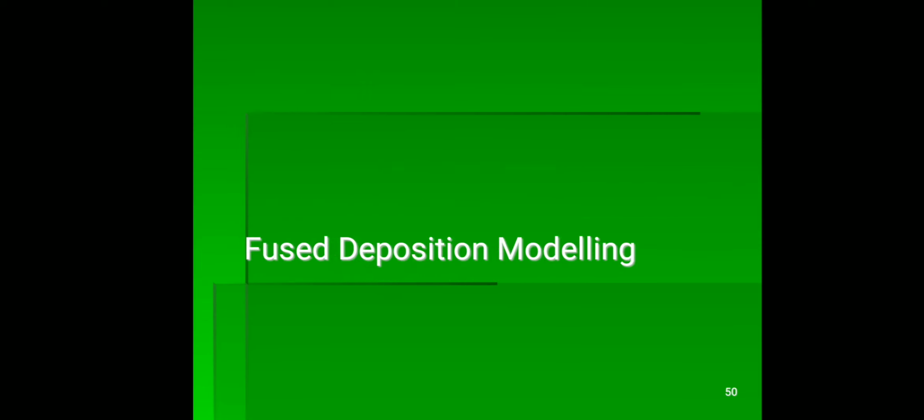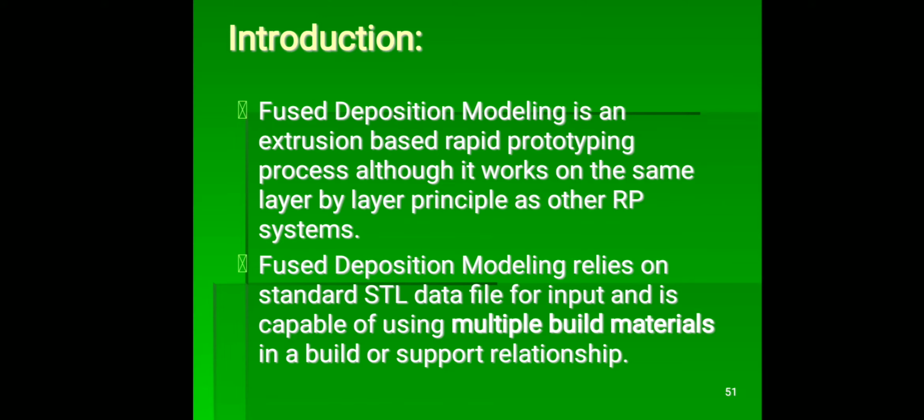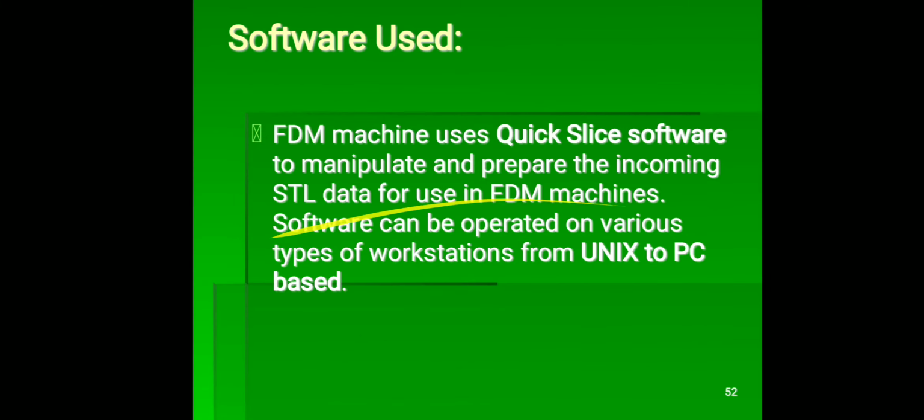So the next one is fused deposition modeling. Fused deposition modeling is an extrusion-based rapid prototyping process. Although it works on the same layer by layer principle as other RP systems, fused deposition modeling relies on a standard STL data file for input and is capable of using multiple build materials in a build or support relationship.